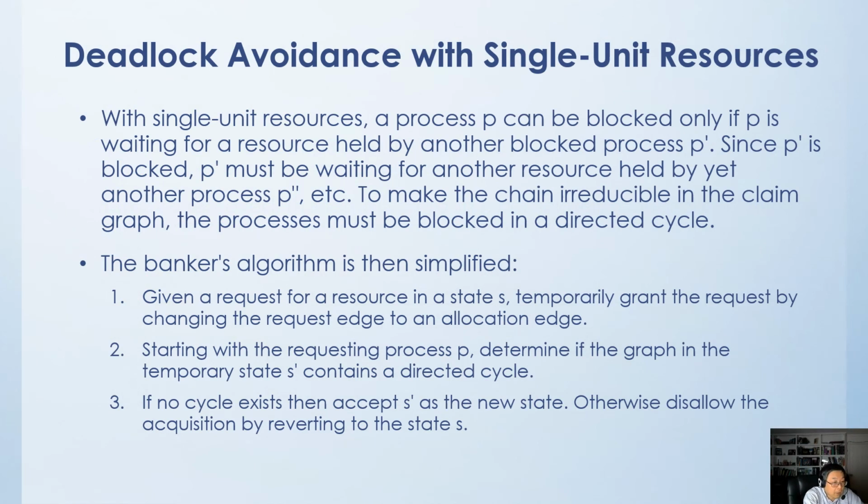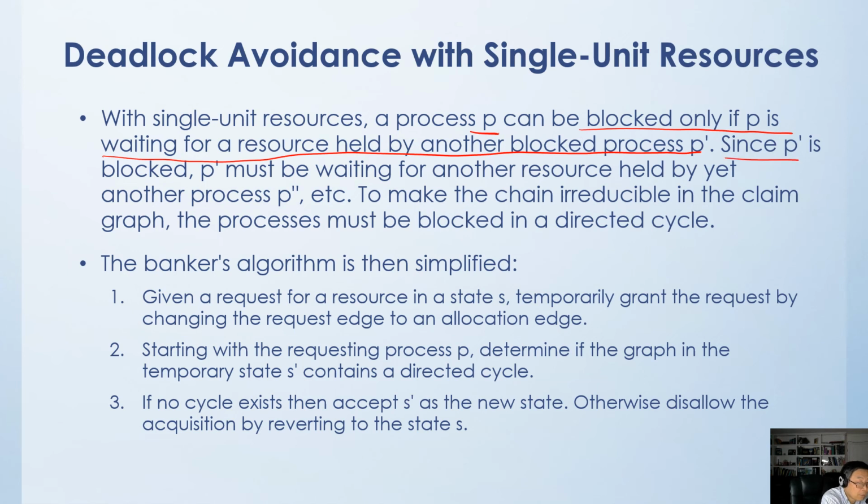Okay, so the Banker's algorithm can be simplified if all the resources each have only a single unit. With a single unit of resources, a process P can be blocked only if P is waiting for a resource held by another blocked process P prime.